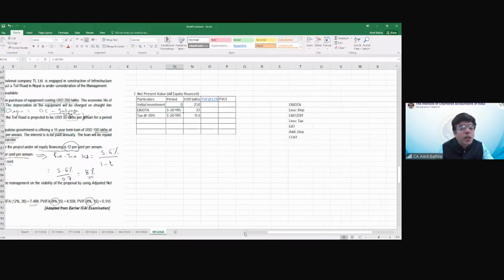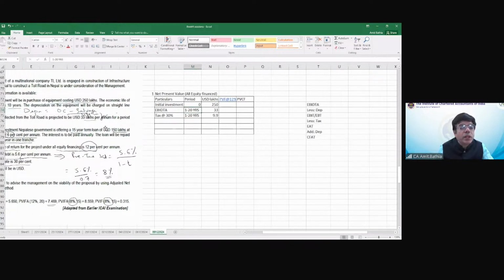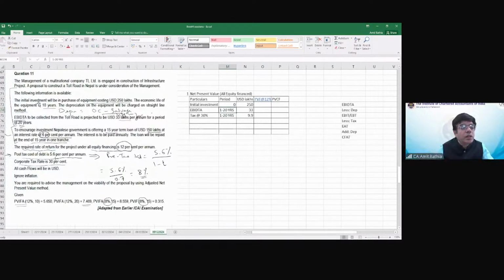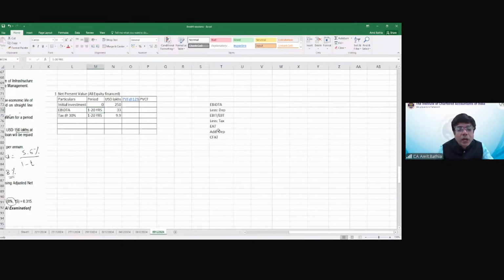On the other hand, depreciation is going to be there for how many years? 10 years. Only 10 years, right? So if you want to do it like this, you will need to do 1 to 10 years separately, and then take 11 to 20 years separately. Are you with me? Because your depreciation will be 0.